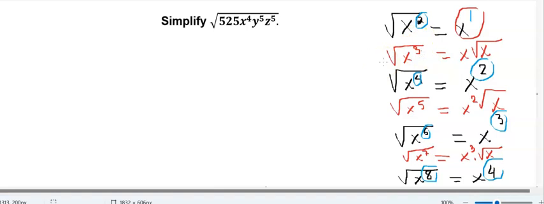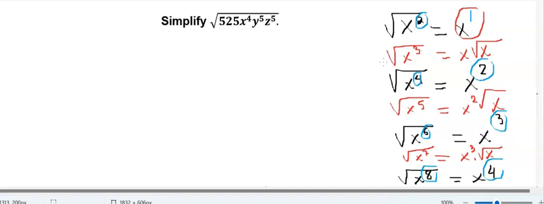I go x squared, x 3rd, x 4, x 5th. Okay. If you can understand that, then whatever goes under that radical, it won't matter. So if I say right now, what's the square root of x to the 100? X to the 50 power.